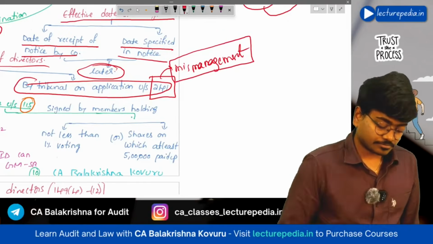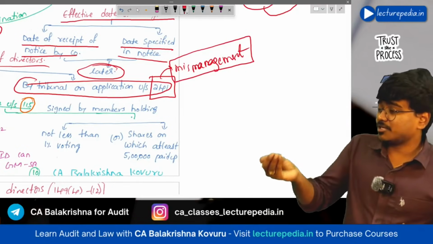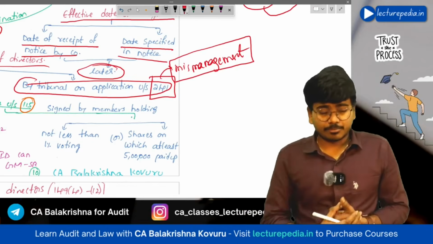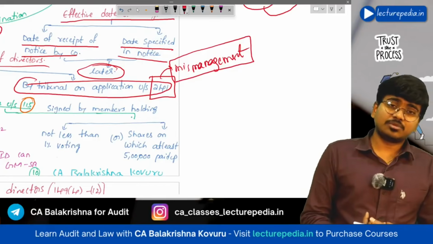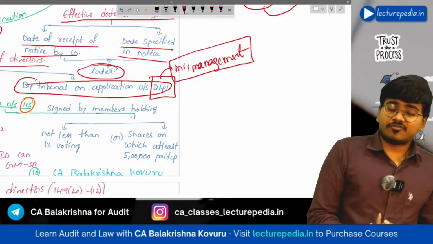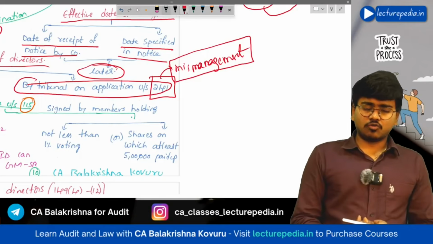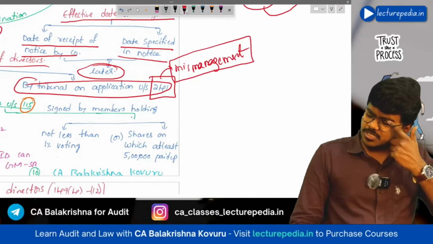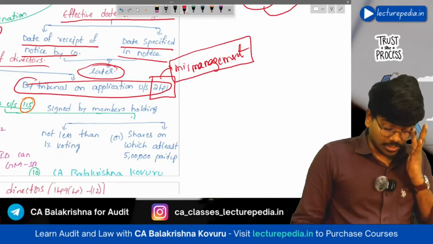Okay, so if shareholders file an application with the Tribunal stating that our directors are not properly managing the business of the company, they are doing mismanagement, in such a situation the Tribunal can pass an order of removal of the director. That is section 241. I have just given a crisp of section 241. In Chapter number 5 we will be discussing this section 241.